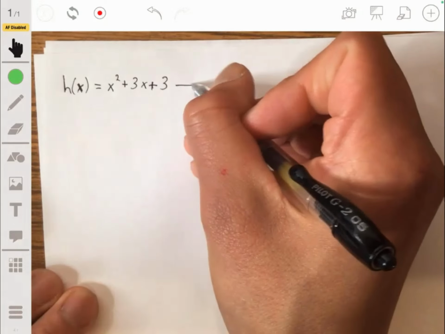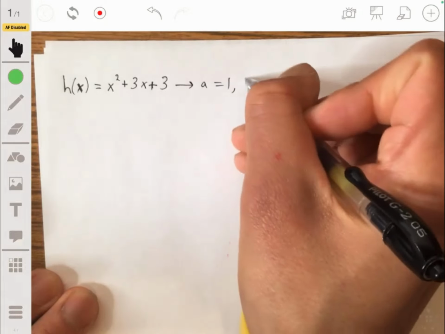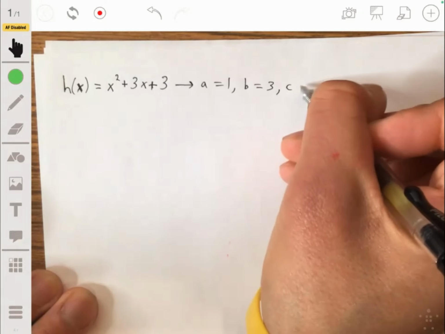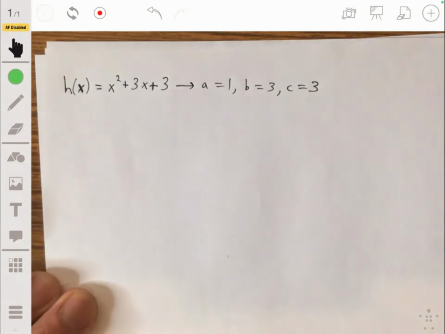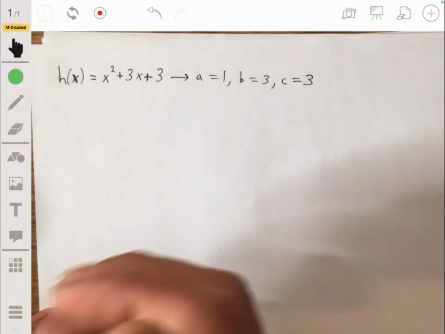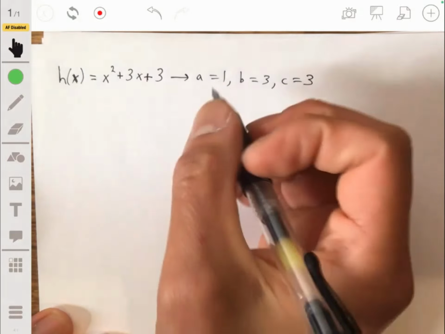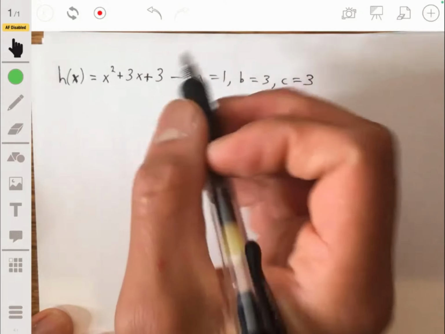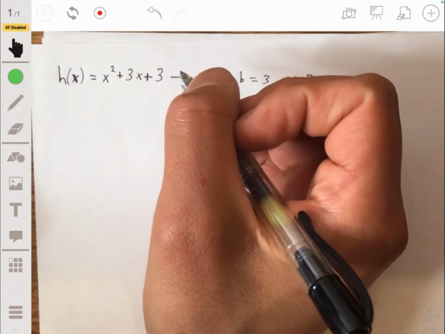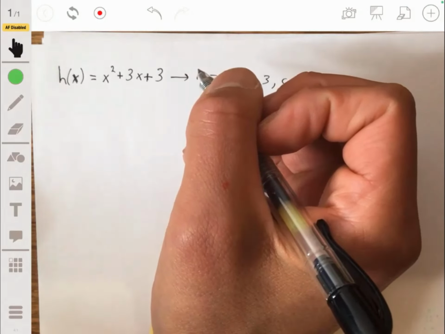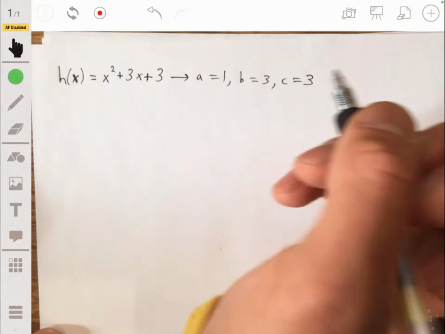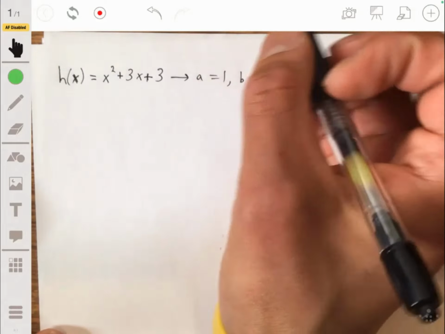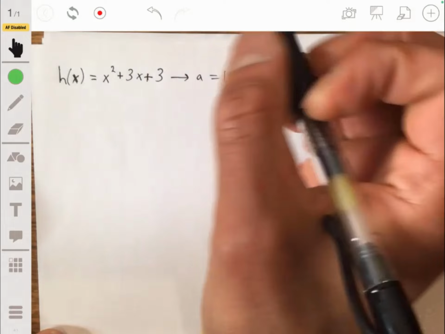Quadratic formula again. A is 1, b is 3, and c is 3. The quadratic formula is always guaranteed to work. You can always try factoring and other methods before that, but the quadratic formula is always guaranteed to work. So my students usually just like using it.